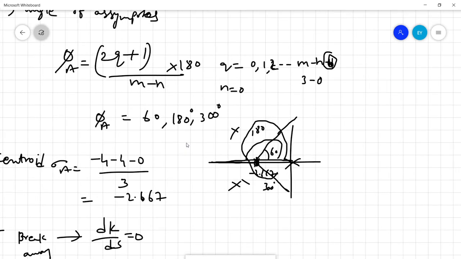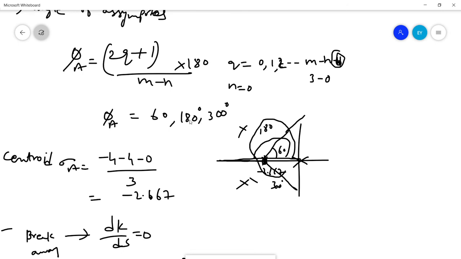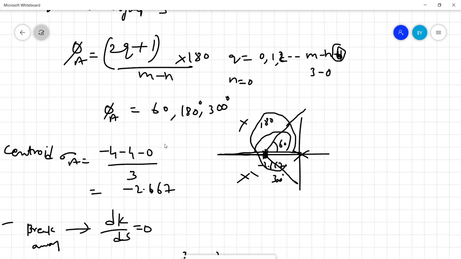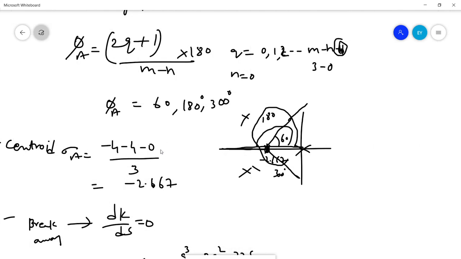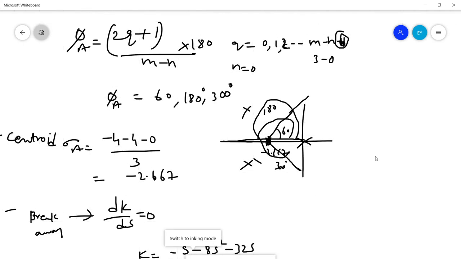Now you have to calculate the centroid. From the centroid itself we need to plot these angles. Centroid is the sum of poles minus the sum of zeros, divided by the number of poles minus the number of zeros. Once you calculate, the centroid is minus 2.667, somewhere here.